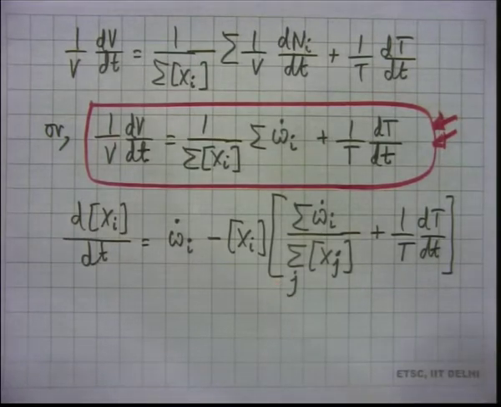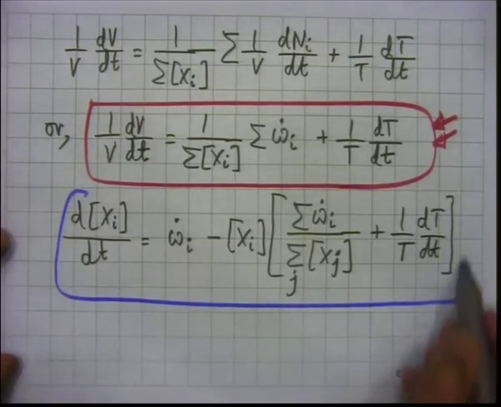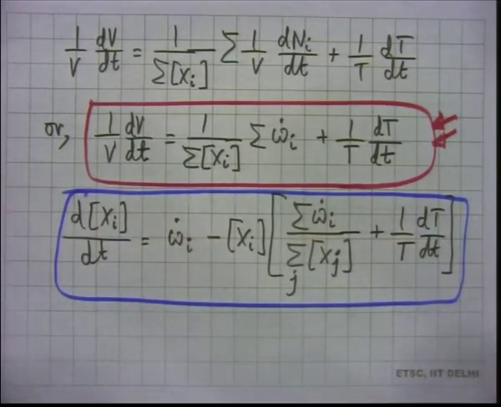So, this gives you dxi/dt. Again, you should ask yourself the question as to how many equations is this? This is n.